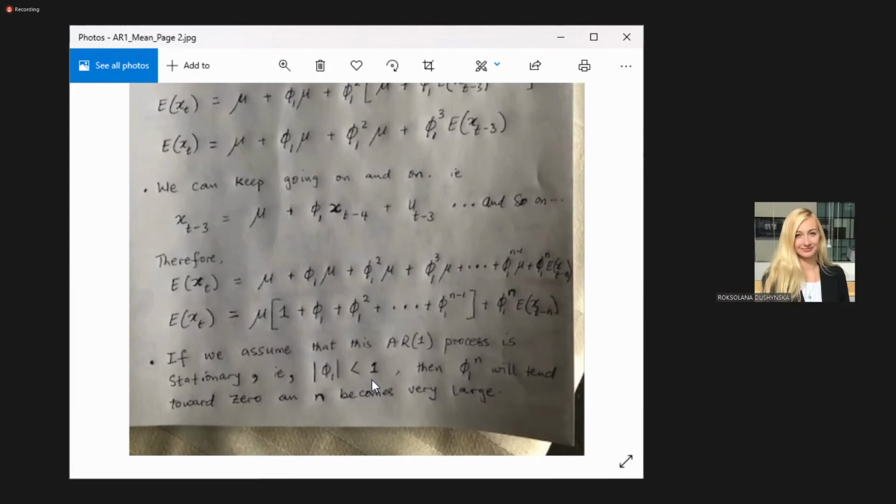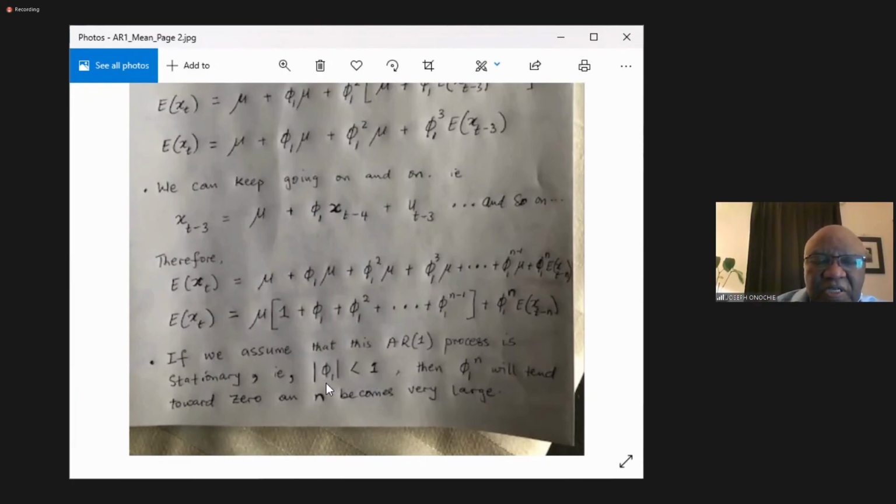Yeah, that's because this is the condition for stationarity, okay? Because if phi1 is exactly equal to 1, it's a non-stationary process, and we call that specific one a random walk. We shall say it on a future date, okay?